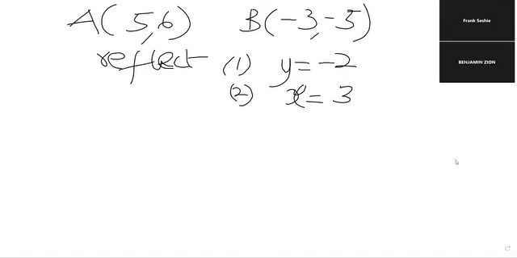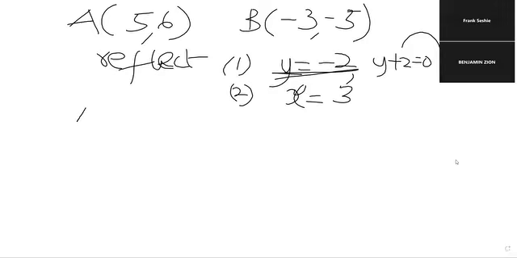Let me take the first one. I'm reflecting in the line y equals -2. Sometimes to remember, they can call this line y plus 2 equals 0. It's the same thing. If plus 2 crosses the equal sign, it becomes negative, right? Okay, so we go y equals -2.